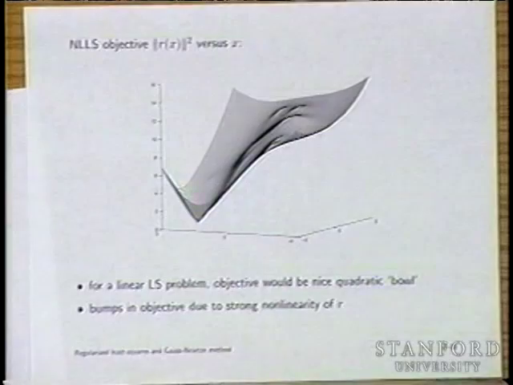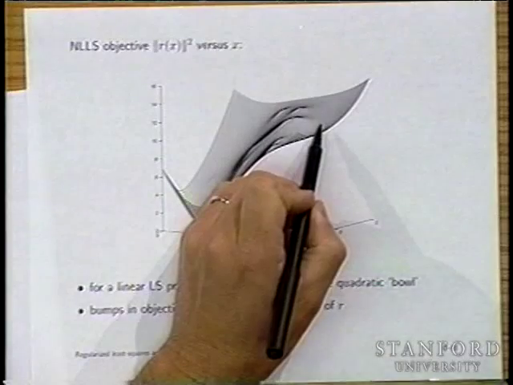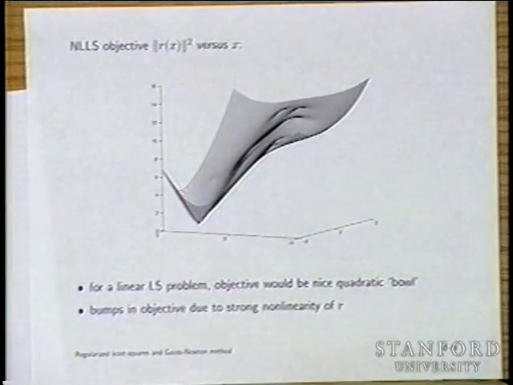But we could easily have done that by putting some point here, and then there would have been a little valley here that would have filled up with a lake or something. As soon as you have that, I guarantee you the Gauss-Newton method will, given the wrong initial point, land right there very happily. At which point, you have not solved the problem, and you don't know it.